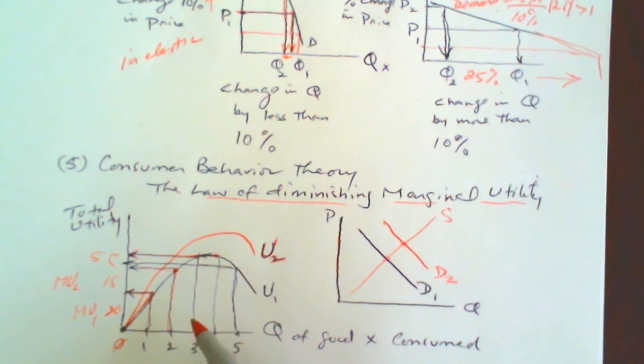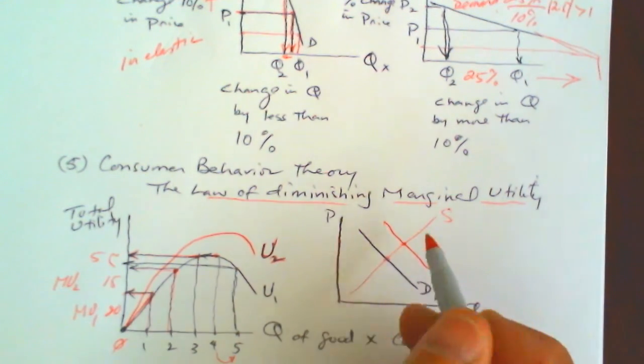In fact, if it was not in effect, it would confuse all of us as to what is the right amount of any product to consume before you switch to some alternative. And so this utility function will tell us that as we consume more, marginal utility declines, and that is the foundation for the demand curve.